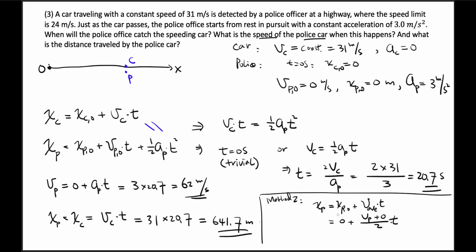If I use this expression to solve for the final velocity of the police car, then it's much easier. So xp equals xc equals VC t. Now t and t cancel out, so the police officer's speed is twice the speed of the speeding car, which is 62 meters per second. And then from there you can go backward and solve for the time.